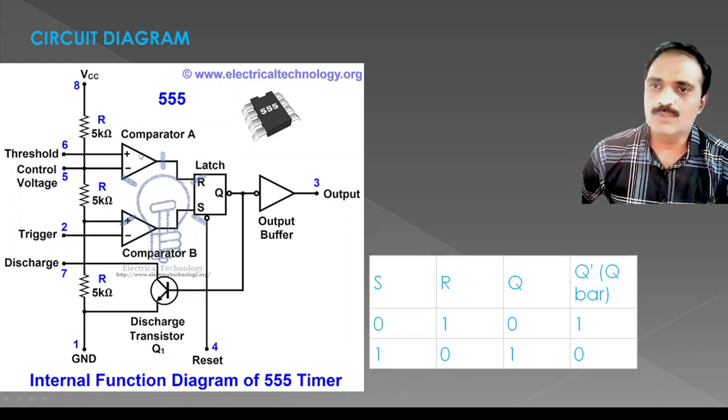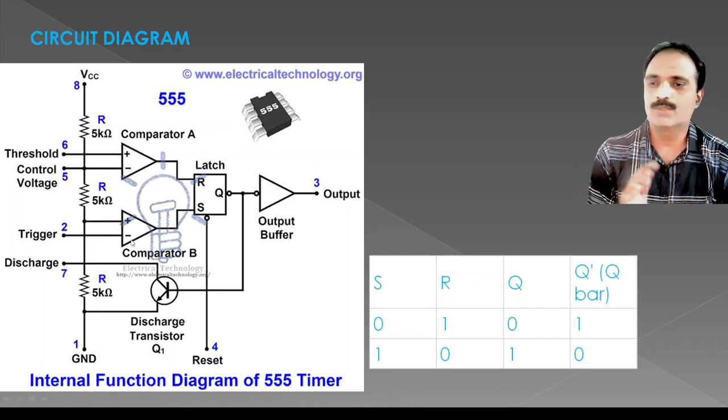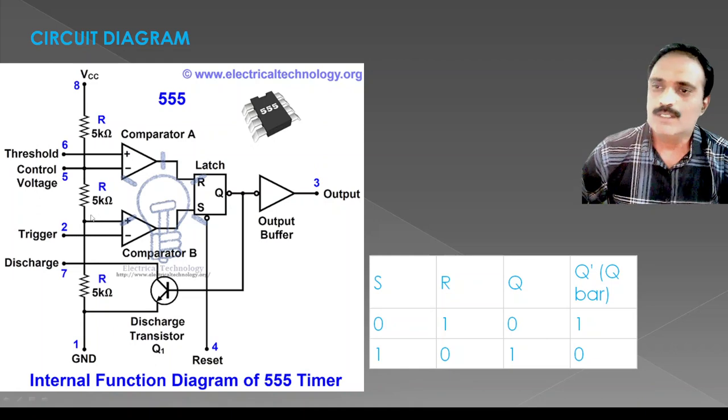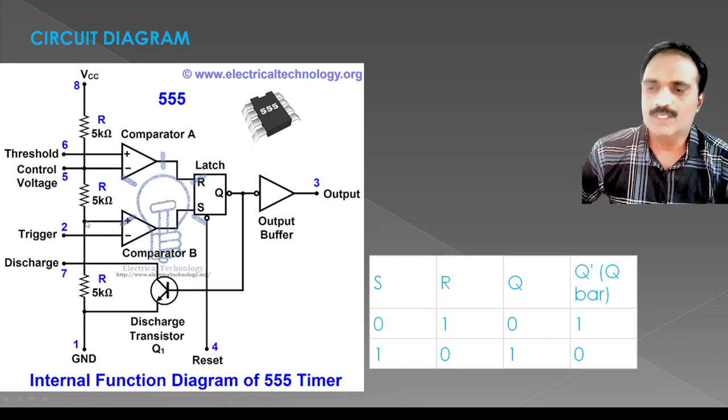And as you know, a comparator means the output of this configuration depends upon the difference of these two voltage levels. For example, the trigger input is connected to the inverting terminal, and we have considered that this point is at plus 3 volts.